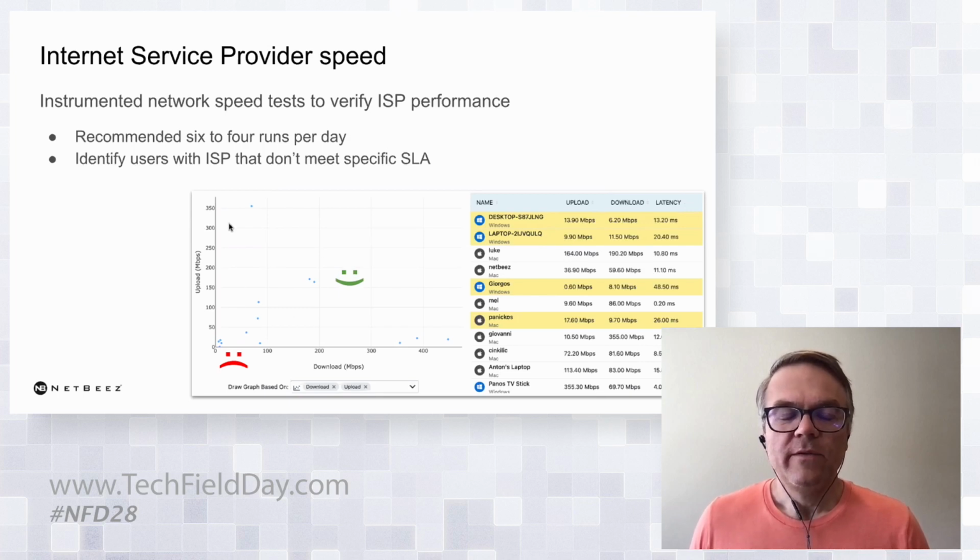On this graph, where we have the upload and download speeds, whoever is in the lower left corner is obviously having either a service with very low bandwidth, or there's something else going on.